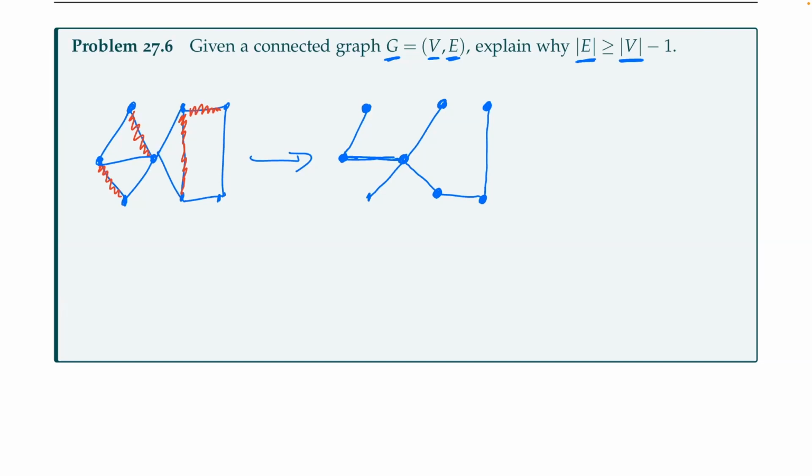Well, if we do this, we can count up the number of vertices: 1, 2, 3, 4, 5, 6, 7, 8 in this case. So the size of V is equal to 8. Number of edges: 1, 2, 3, 4, 5, 6, 7.